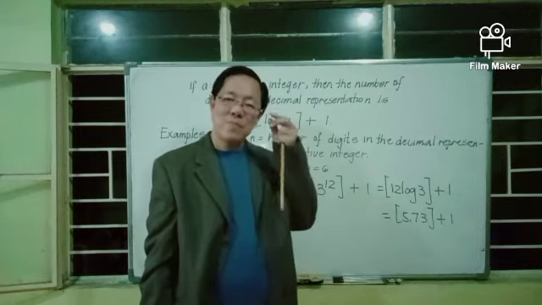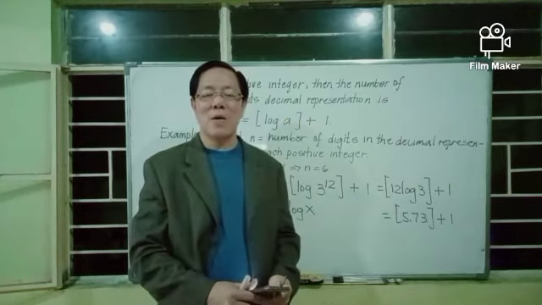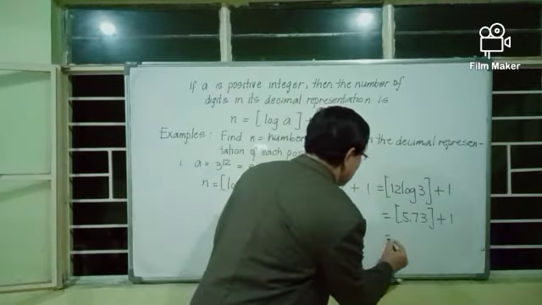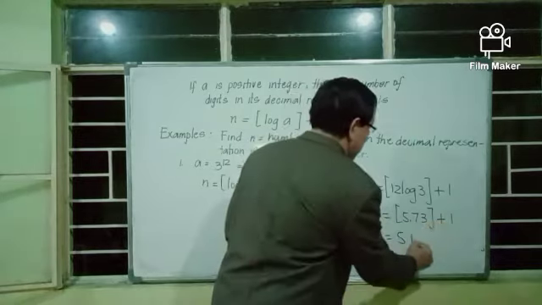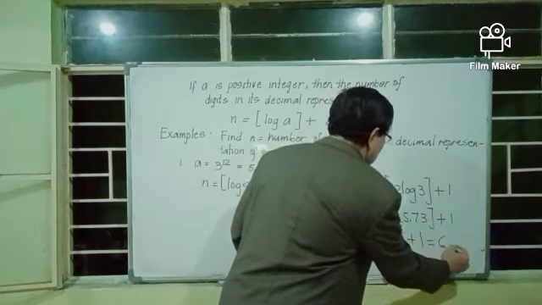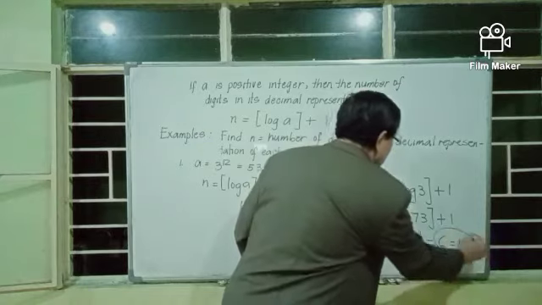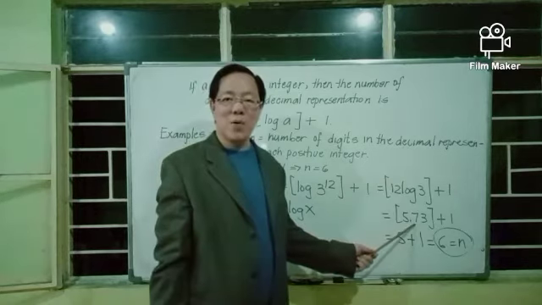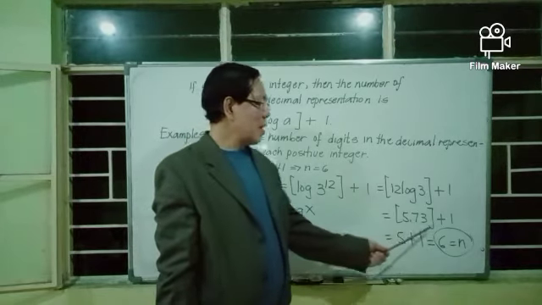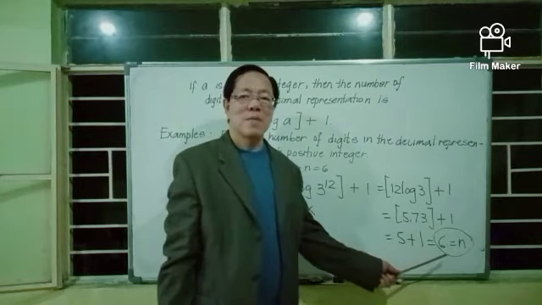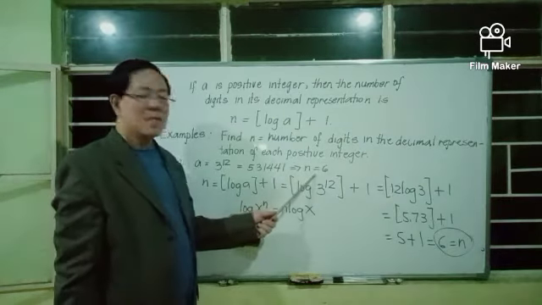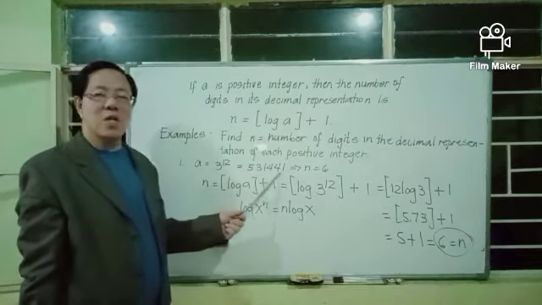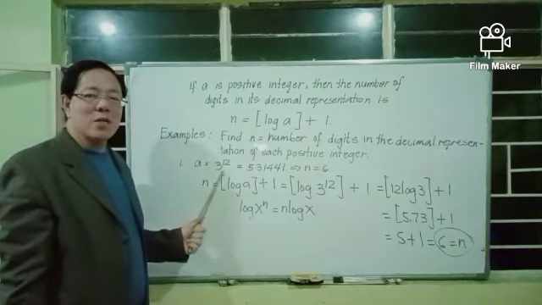And that integer is 5. The floor of 5.73 is 5, plus 1, we get 6, which is our answer earlier. There are 6 digits in the decimal representation of the positive integer 3 to the power 12.